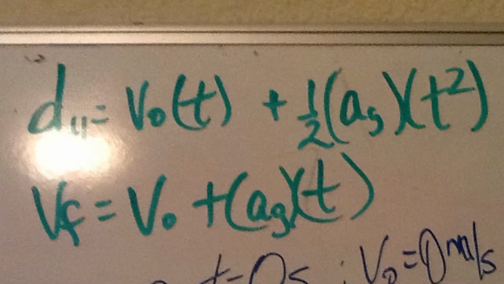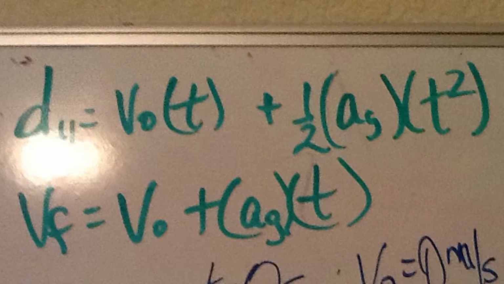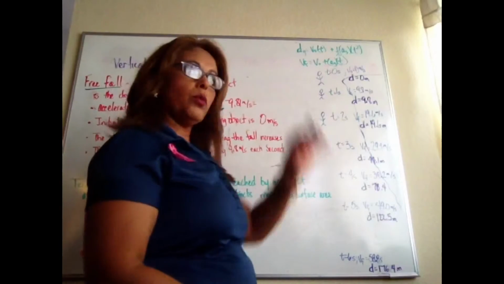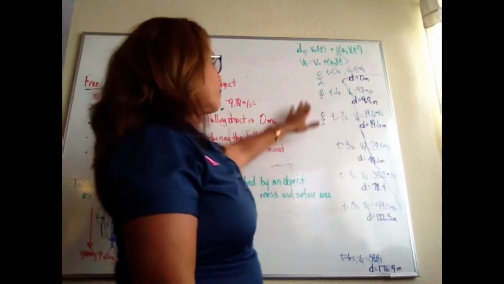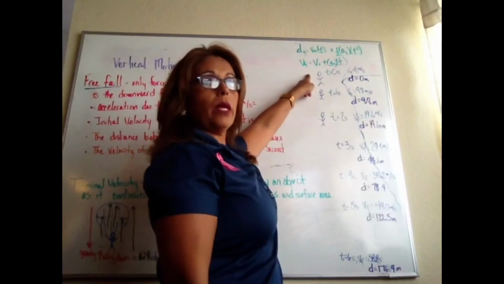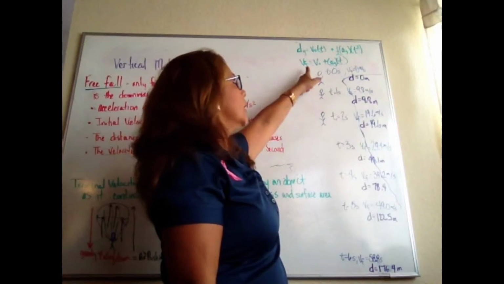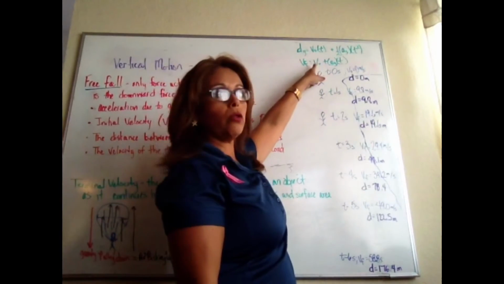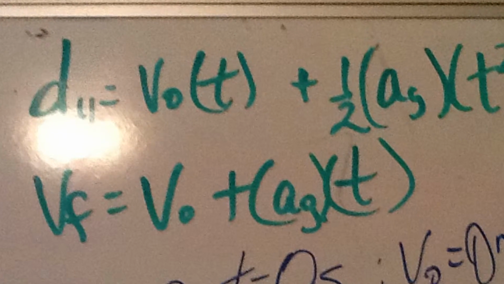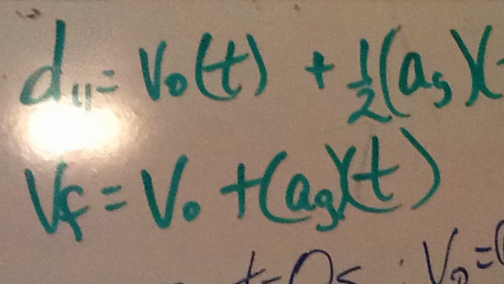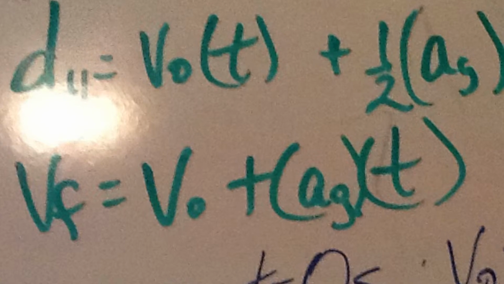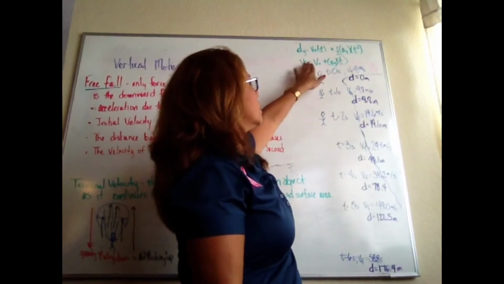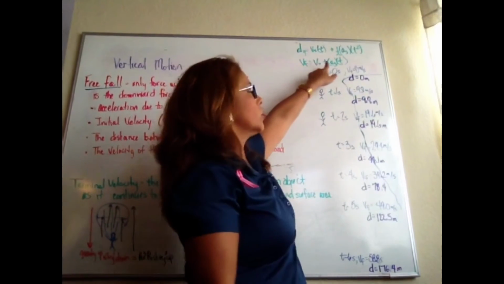It's the same equation we were looking at as we were talking about horizontal motion, but now we're changing the direction. Now, final velocity can be calculated if we have time: final velocity is equal to initial velocity plus acceleration due to gravity multiplied by time. Again, we know that initial velocity is 0, so we can simplify it by saying Vf is equal to AGT.